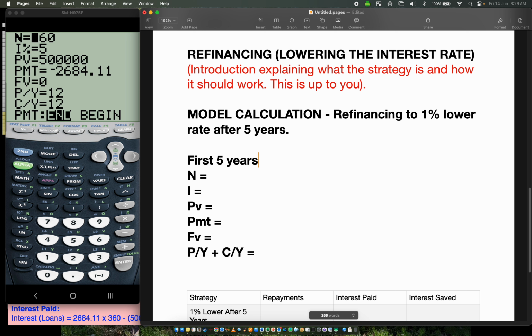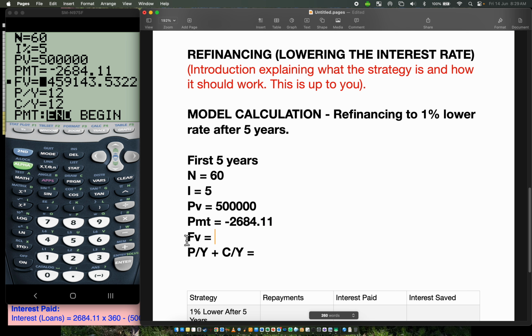And I want to know what the remaining debt is after 5 years, which is 5 times 12, which is 60 months. So N 60, I% 5, started at PV 500,000. My payments were negative $2,684.11.